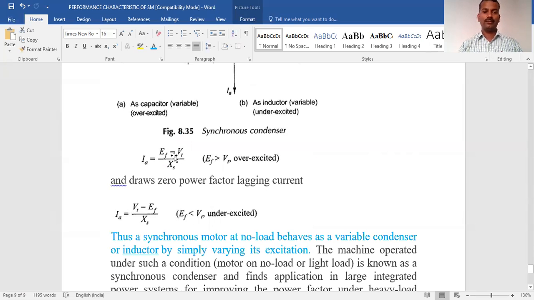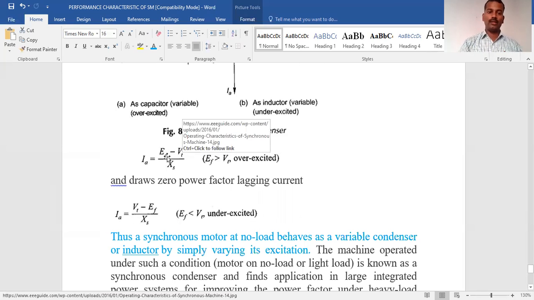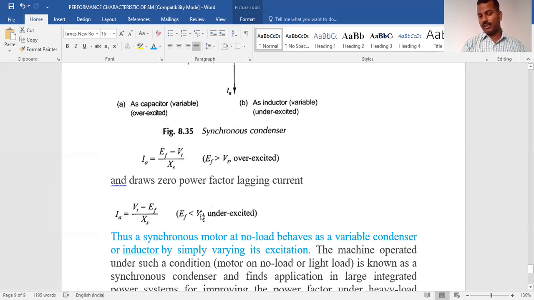Armature current will simply be (EF minus VT) by XS. EF will be greater if it is overexcited. EF will be less than VT if it is underexcited, and its armature current will be decided by this equation. I will simply be the voltage difference between the excitation voltage and terminal voltage, divided by the synchronous reactance.